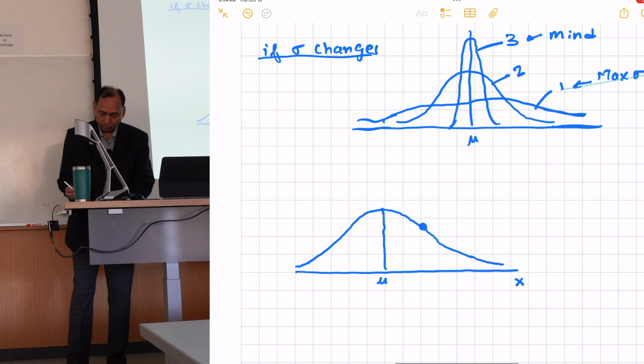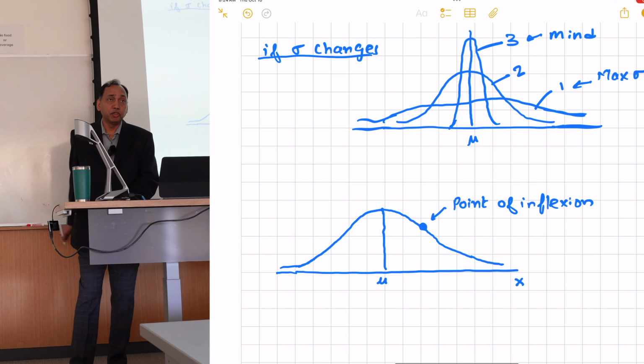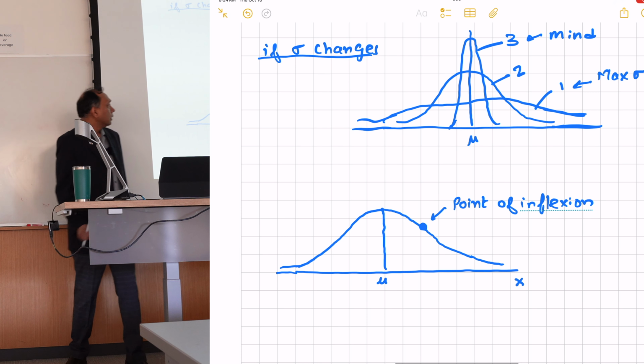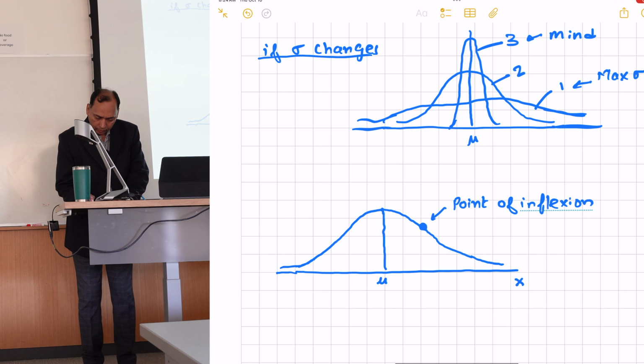So this point is called the point of inflection. The change that is happening is the point of inflection, and if you drop that on the x-axis, that is the distance from the mean, which is your sigma.